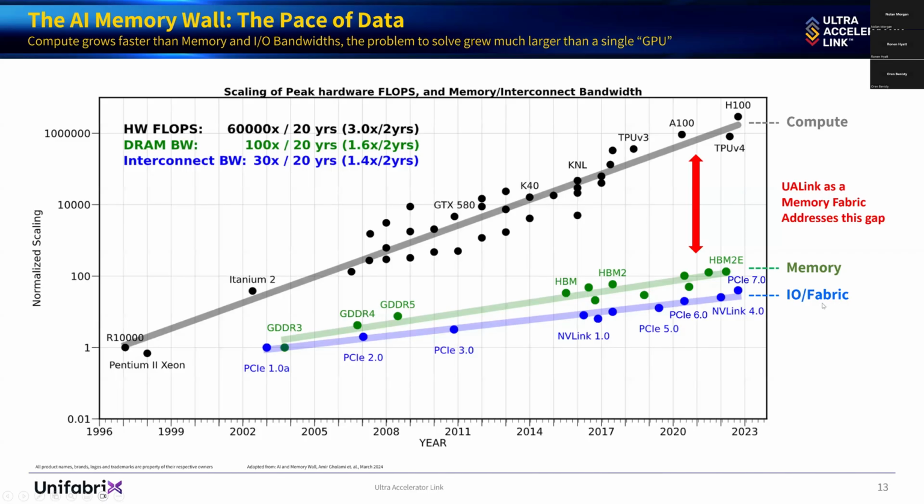It also improves the fabric aspect, because the fabric is the transport for these memory transactions, the connectivity between the accelerators. So UALink does exactly that. It addresses the memory wall and tries to bridge that gap.